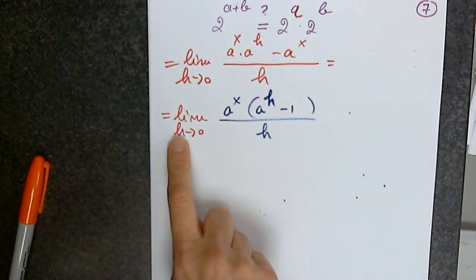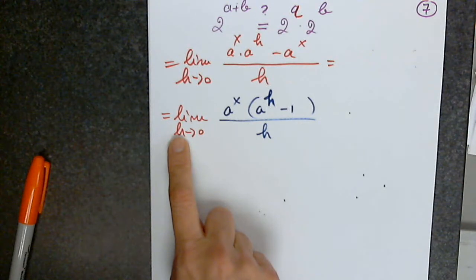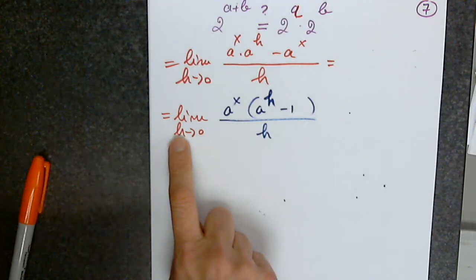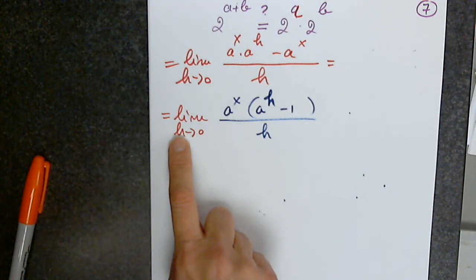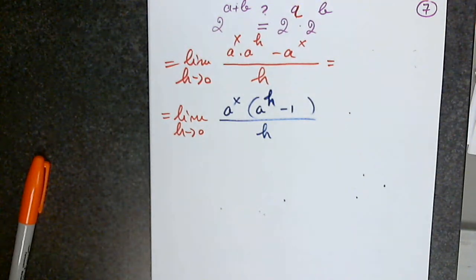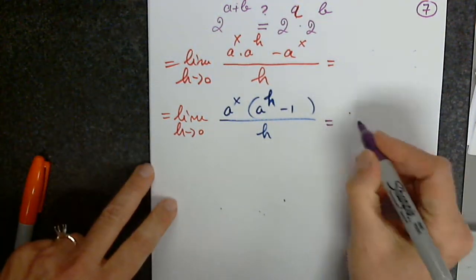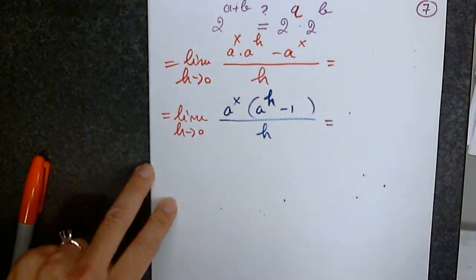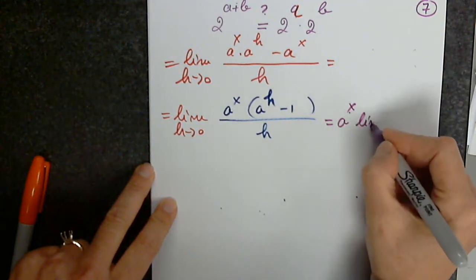A is a constant. It's the base of an exponential function. X does not have anything to do with h. So there must be a constant here that I can pull in front of the limit. Which is the constant that I can pull in front of the limit? Which has nothing to do with h. Say it again. Exactly. Very good.